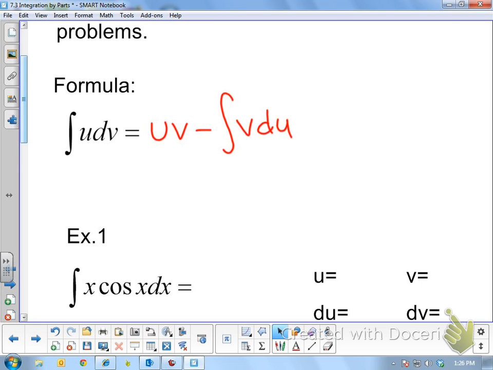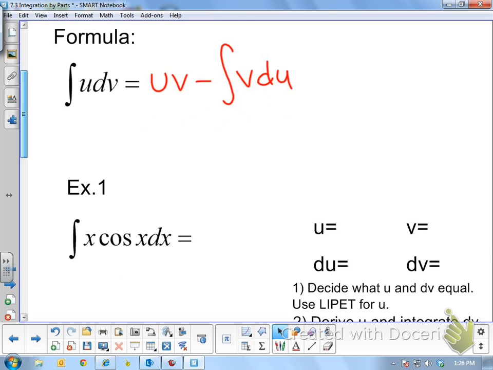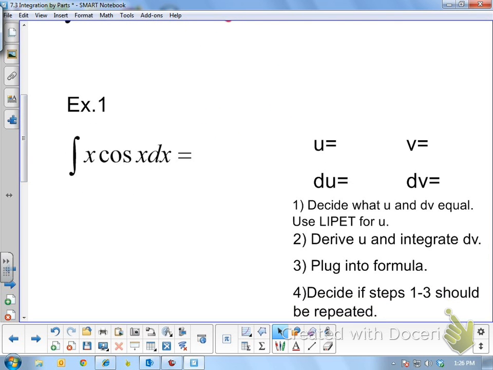Do better. Okay, so let's look at an example, and I'll show you how we identify what u is and what dv is. Just pointing out, the example has absolutely no numbers in it. It's all just letters. That's where good math really begins. So basically, we're picking a piece of this function that we're going to differentiate, and we're going to pick a piece of this function that we're going to integrate.